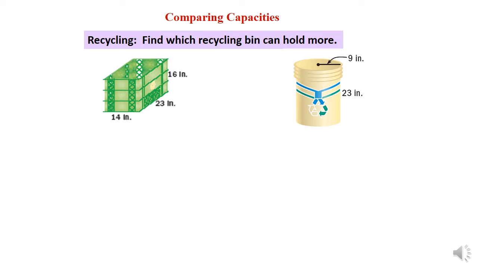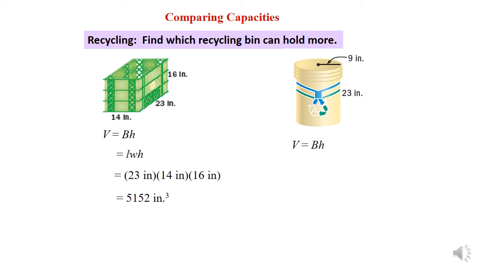Now let's look at this problem. We want to find which recycling bin has more volume. The green prism has a volume of the area of the base times the height, which is the length times the width times the height. Substituting in the lengths from the diagram, we find the volume.